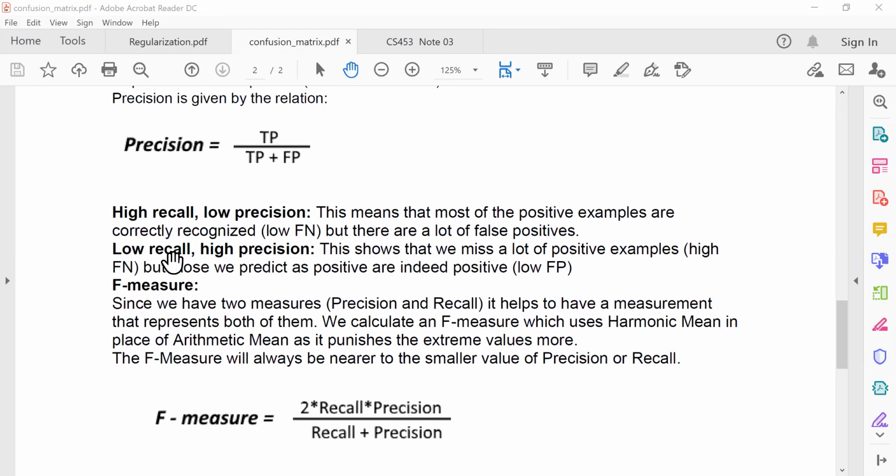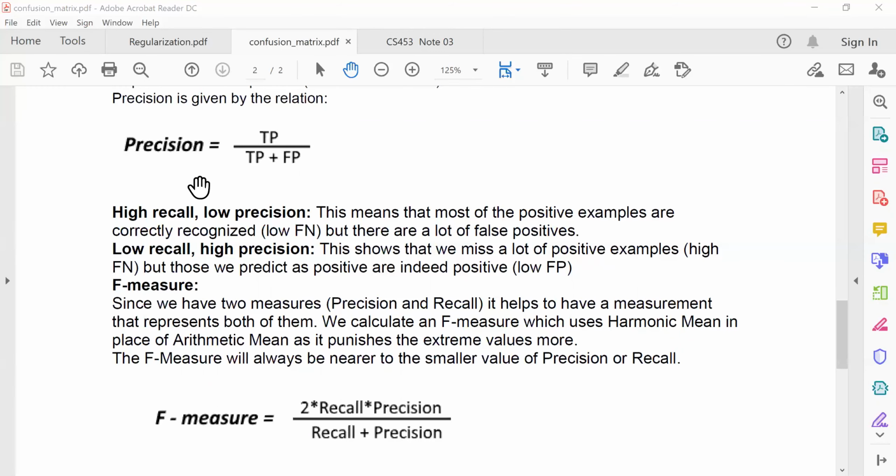And for low recall, high precision, this says you miss a lot of positive examples because of the high false negatives, but those you predict as positive are indeed positive because you have low false positives.